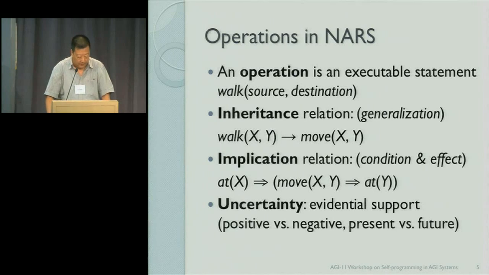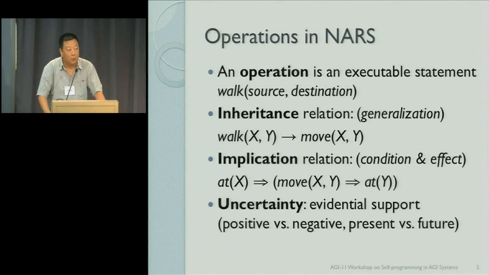This should look familiar to many of you because many other technologies use similar things. But what makes NARS a little different from many of them is that it allows all kinds of uncertainty. All of the relationships, or all the statements in the system, are true to a degree.